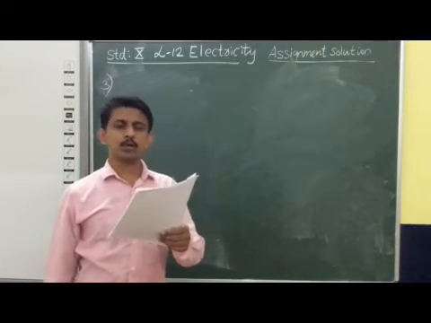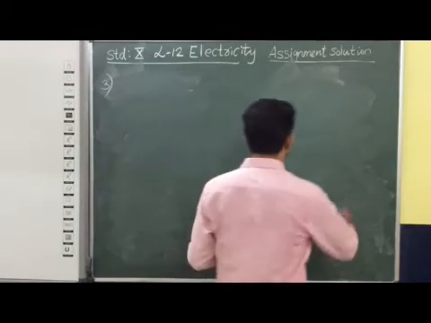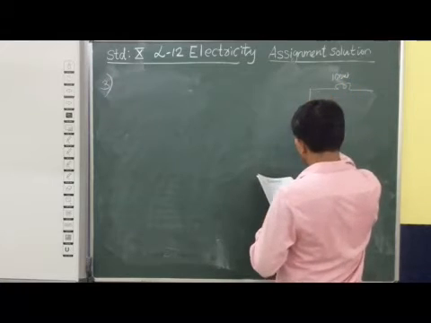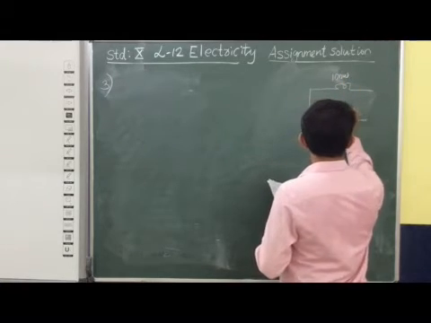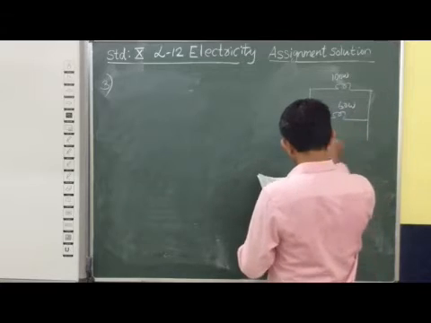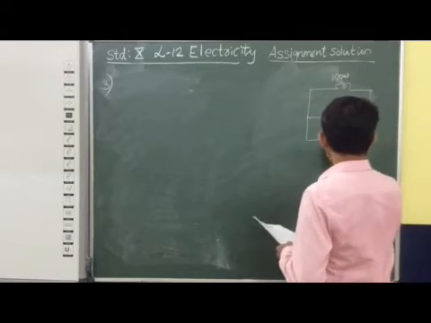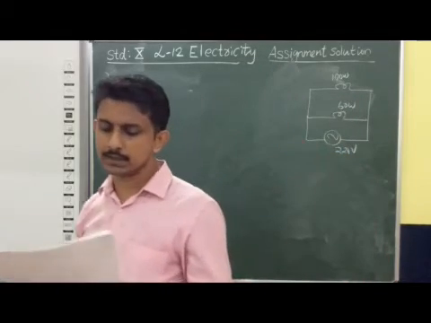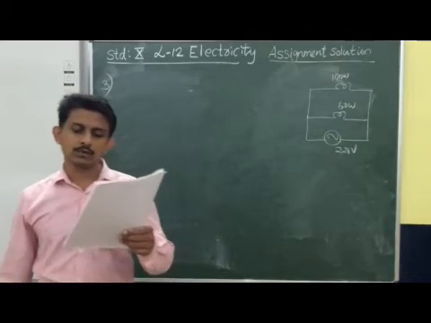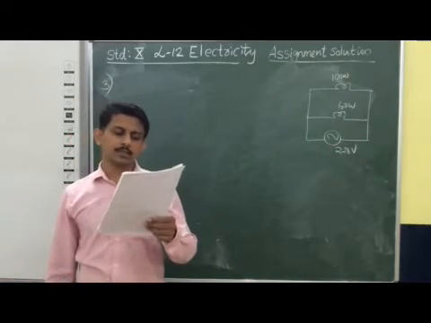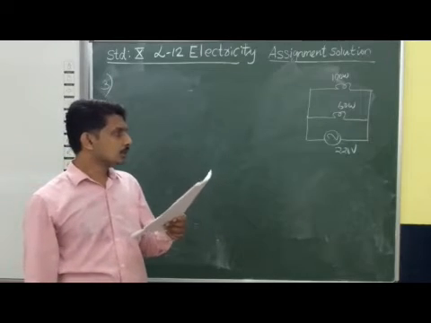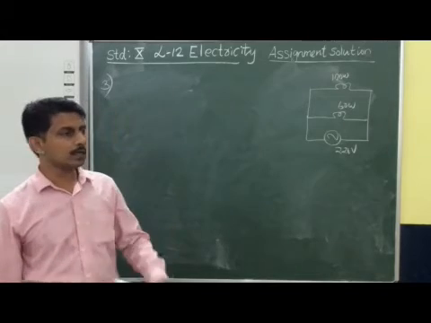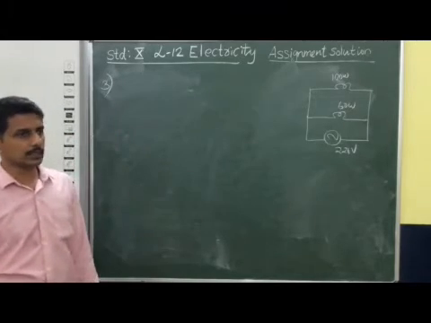So one lamp is 100 watt and the other is 60 watt, connected in parallel to this 220 volt main supply. What is the current drawn from this circuit?